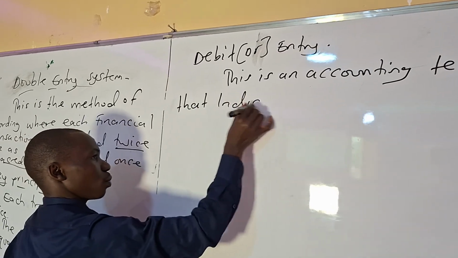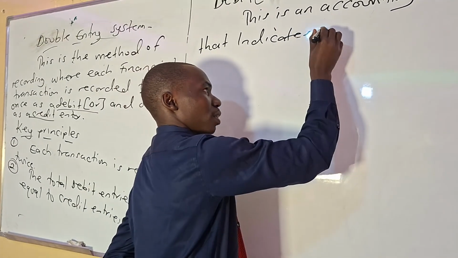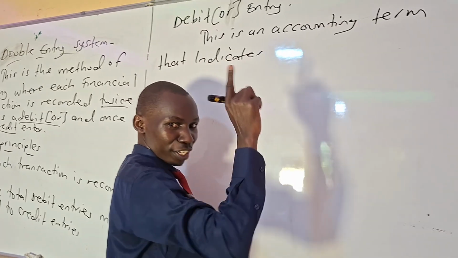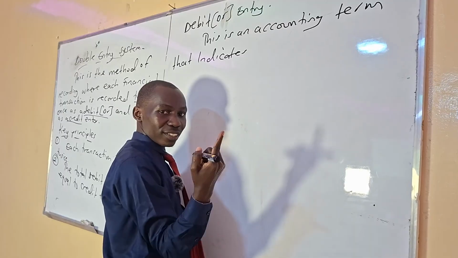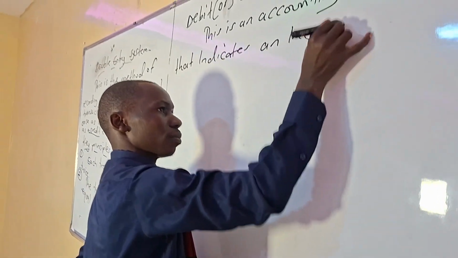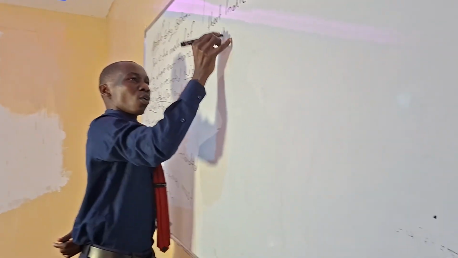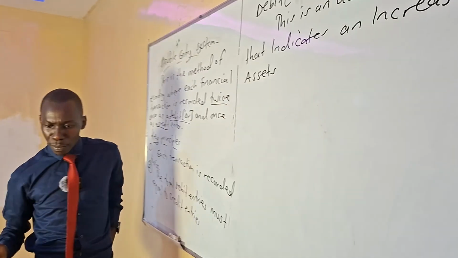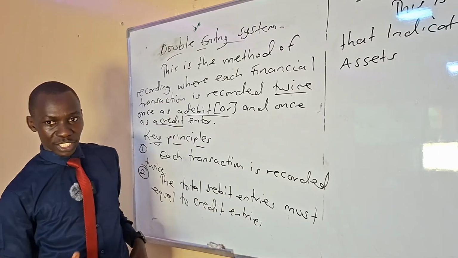What does it indicate? Don't forget our accounting equation, because we are building on that. On our accounting equation, we had assets there. So debit indicates an increase in an asset. Whenever an asset is increasing, maybe you had one machinery, then you bought another machinery, we put it on the debit side of the account.